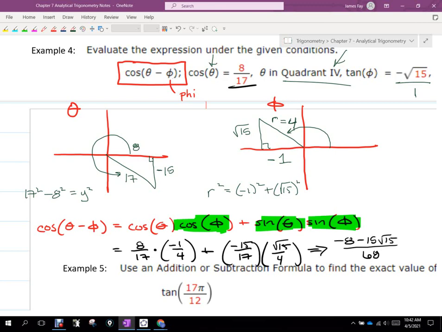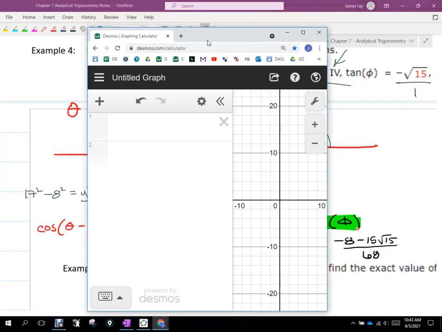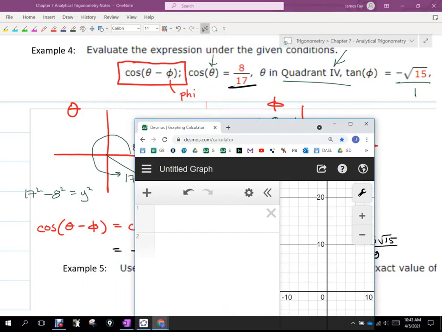Now, they give me information here to actually tell me, because of the way we know how our inverse functions work, if they give me cosine of theta is 8/17, I should be able to use cosine inverse to find theta, right? So let's do this real quick. Let's take Desmos, and I'll make sure I'm in the right mode.